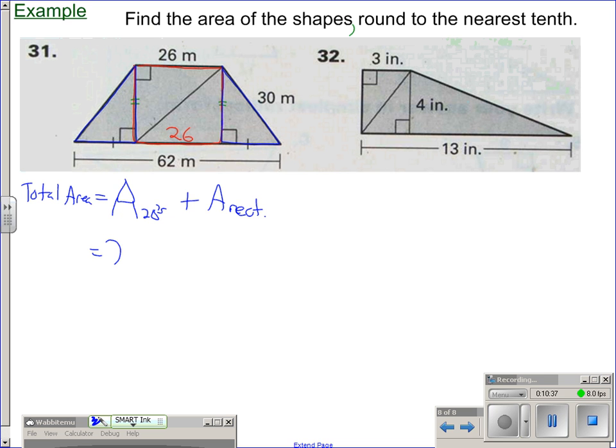All right, so there's two of these triangles. They are the same, so we're going to go 1/2 base times height. Now we don't know either of those numbers for the base and height of those triangles. And the area of the rectangle, well, the base of it's going to be 26 times, let's call this the height. Okay, we don't know the height yet either. So we got to do some math.